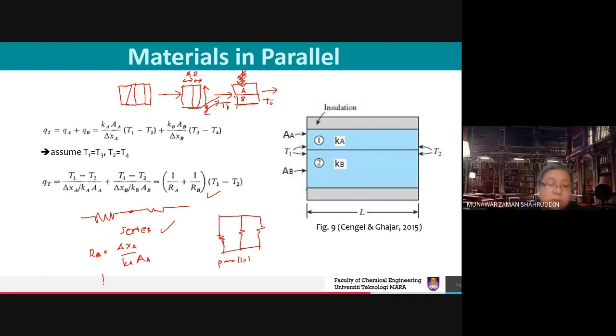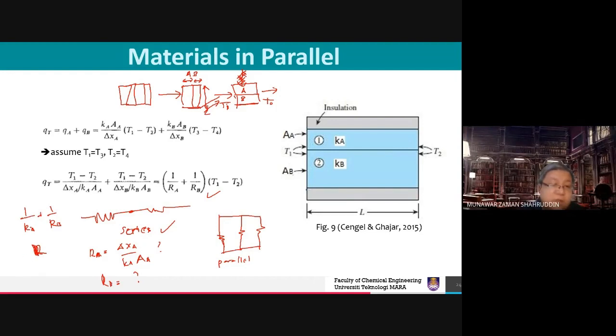So you determine RA, you determine RB. Then you can just compute it as 1 over RA plus 1 over RB. If you ever want to determine the value of R, it's not the summation of R anymore.